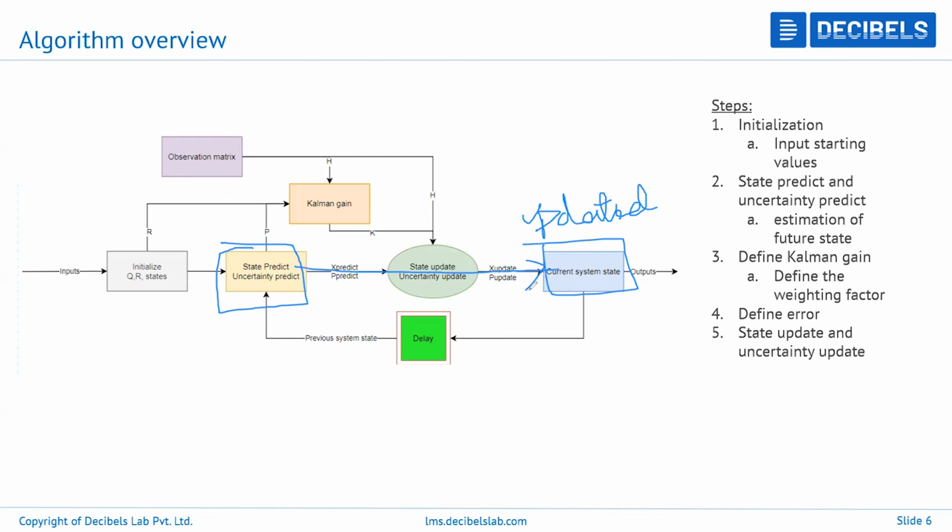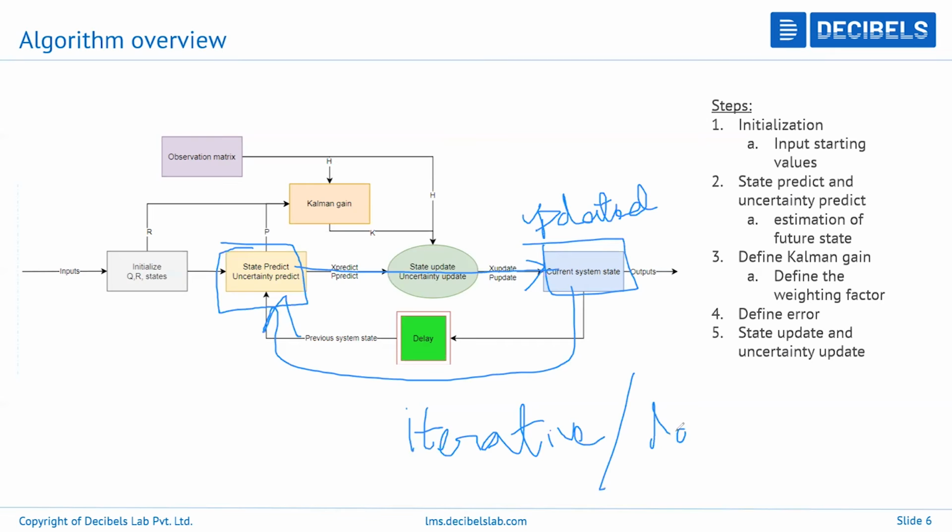From here, again back to this. This will be in a continuous loop. That is why it is called an iterative method, or you can also say a loop method, because these two steps will keep running continuously in a loop.